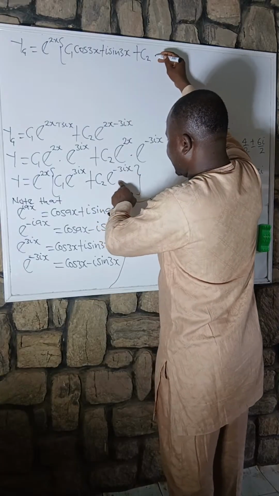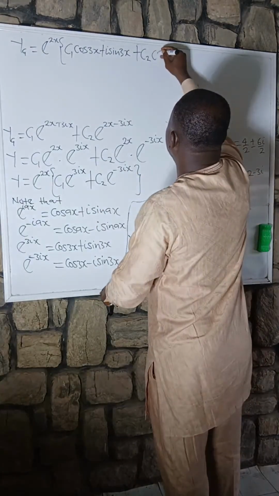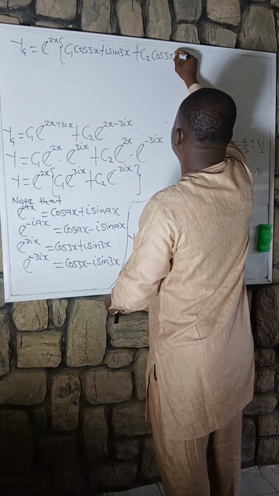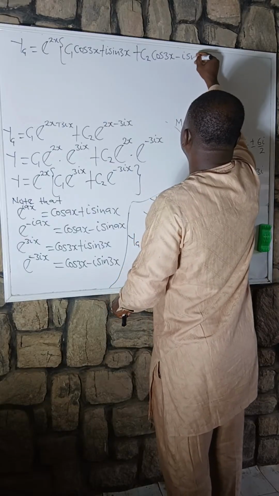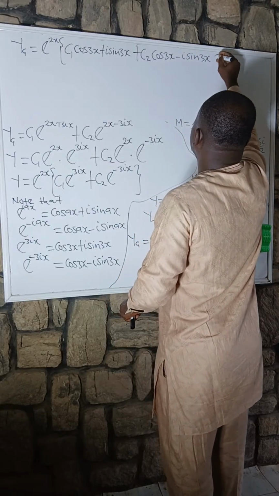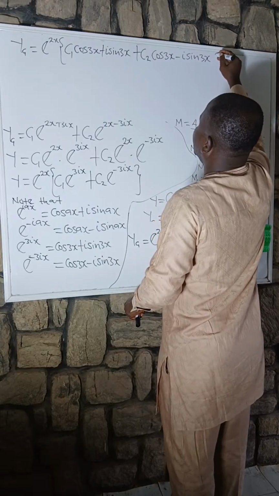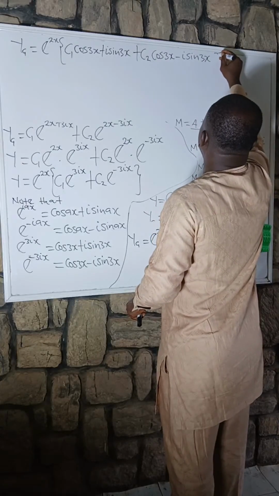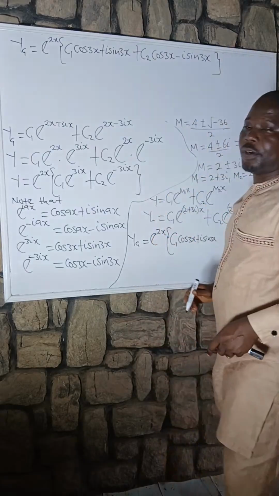So instead of this, we are going to write cos 3x minus i sine 3x. So this is where you are going to stop.